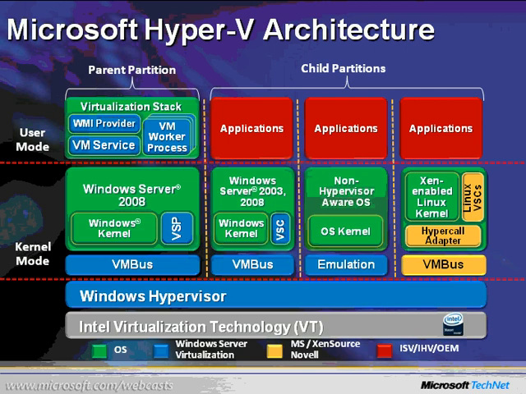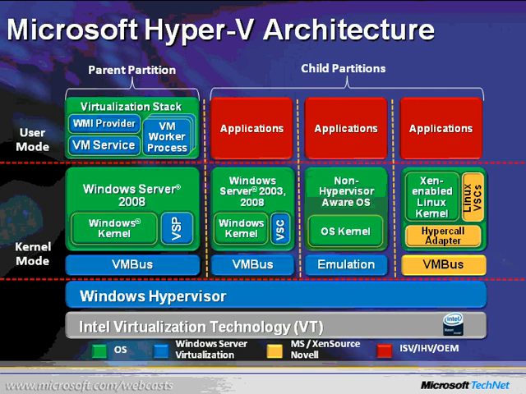Server Core is the installation option for the Windows Server operating system that strips down that parent partition to the base required code to support Hyper-V and to support the child partitions. That reduces the memory and resource requirements for that parent partition tremendously.